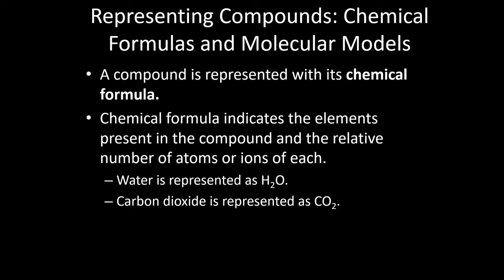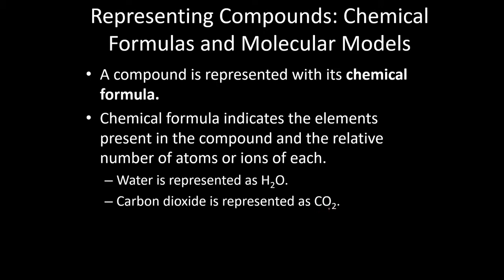But in general, what these chemical formulae do is they indicate the elements that are present and the number of them that are present. So for example, everyone knows water is H2O. We have two H's, which are hydrogen, and a single oxygen, whereas carbon dioxide is CO2.